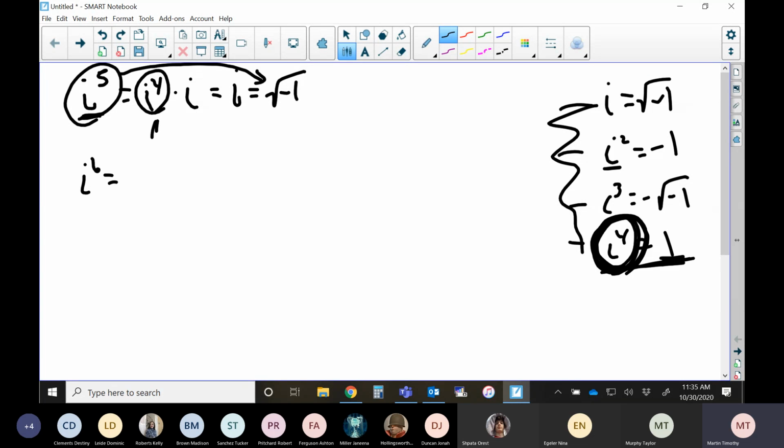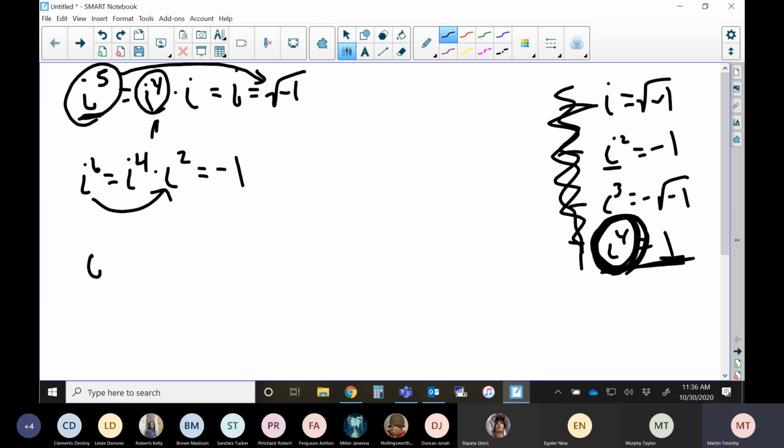So watch, i to the 6th is going to be i to the 4th times i to the 2nd. Do you get that? So really, i to the 6th is the same thing as i to the 2nd, or -1. It's just those 4 values repeating. These 4 are just going to be repeated over and over again, right?